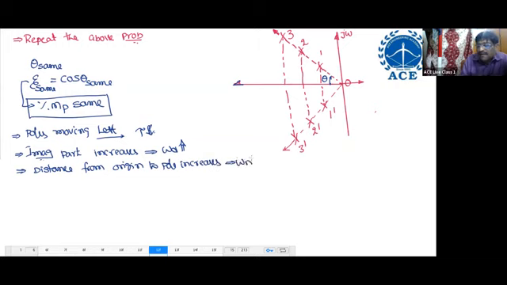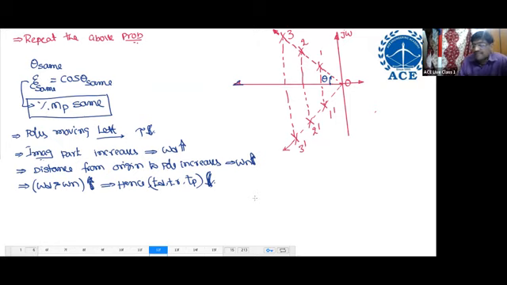Omega n increases. Omega d and omega n increase. Hence, TD, TR, TP all decrease. But relative stability is the same. 1, 1 dash, 2, 2 dash, 3, all have the same relative stability.